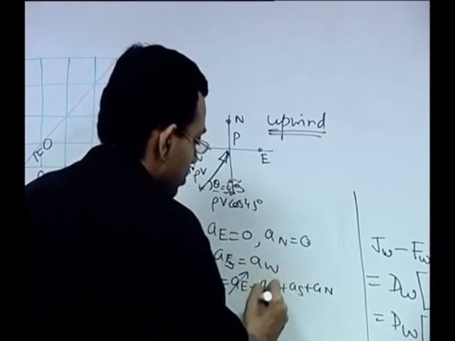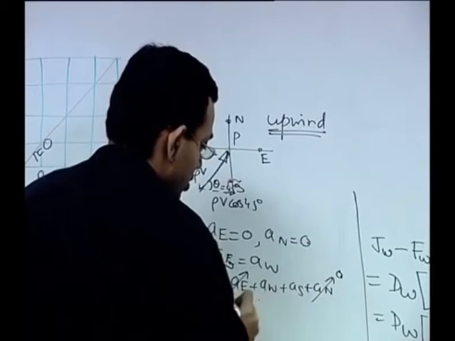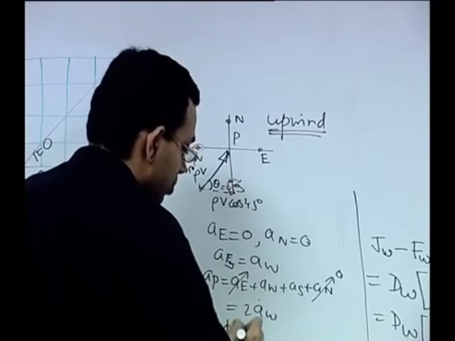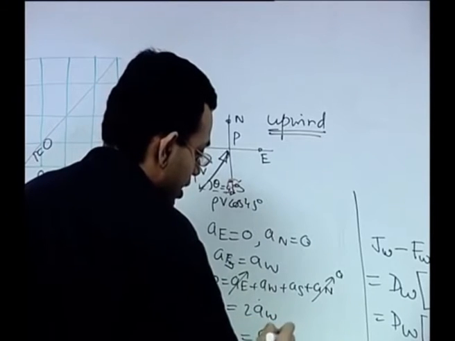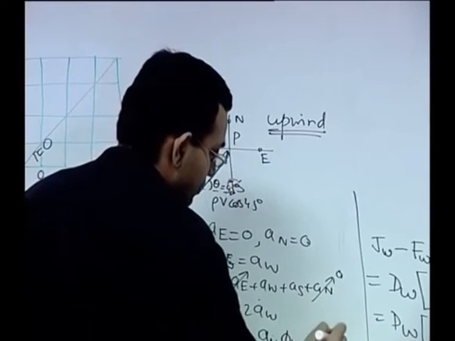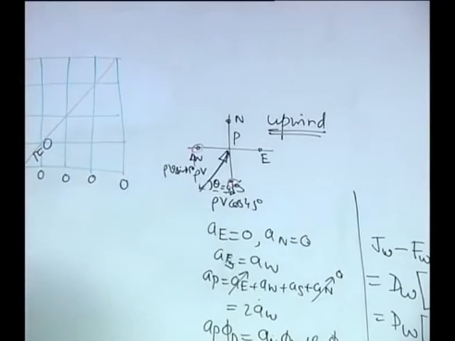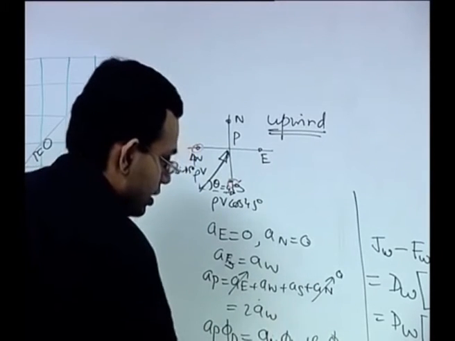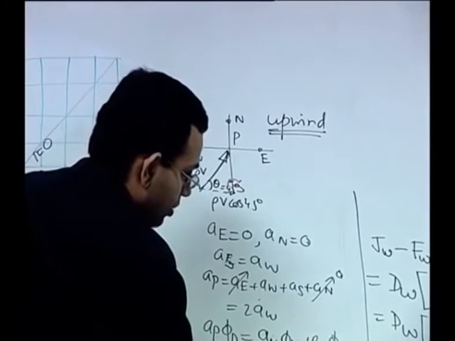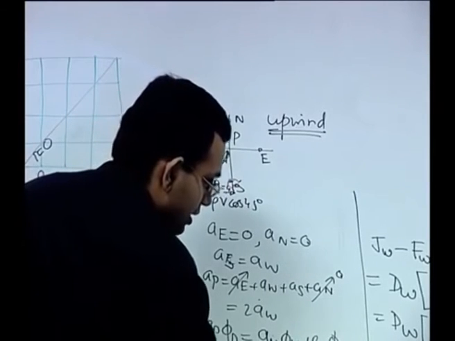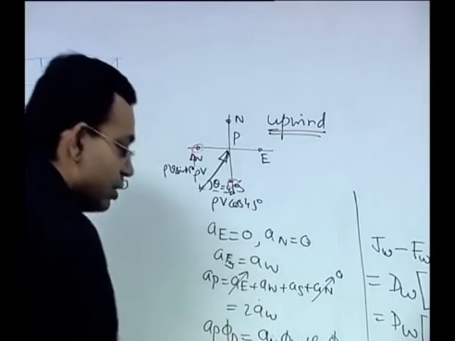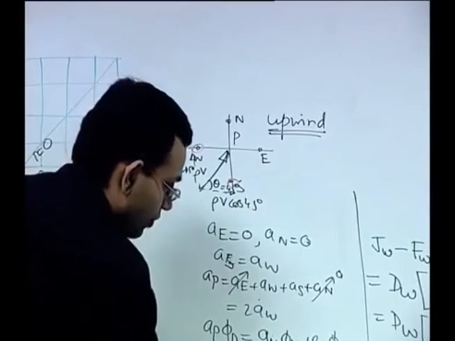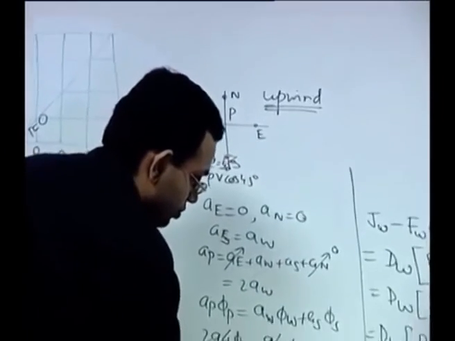So AE and AN are 0, so this is 2 AW, and your discretized equation is AP phi P equal to AW phi W plus AS phi S, other terms are 0. So 2 AW phi P is equal to AW phi W plus AW phi S. So phi P is equal to (phi W plus phi S) by 2.